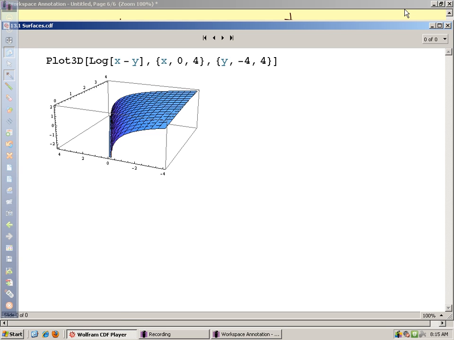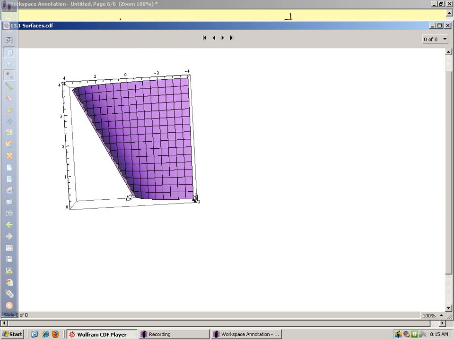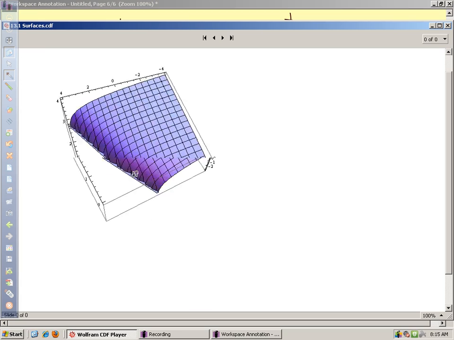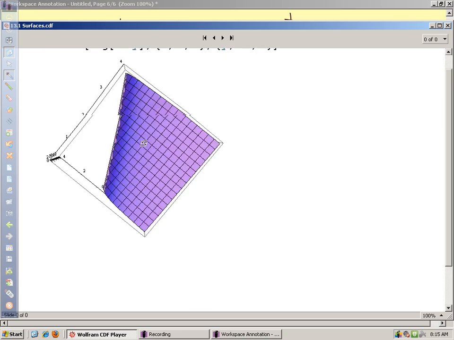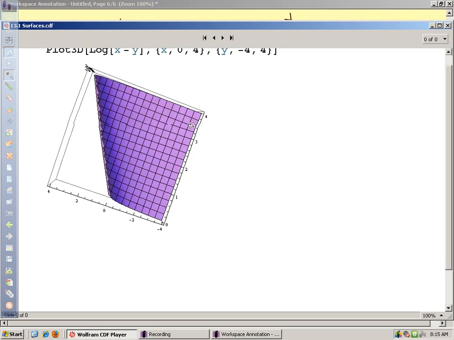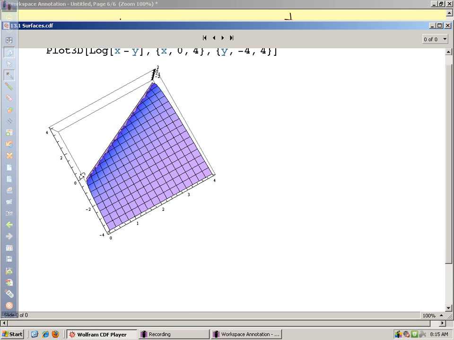Let's look back at our lines here. Let me go from above and get it oriented how we graphed it. There we go. So here's our lines with slope 1, and it comes up above the xy plane.